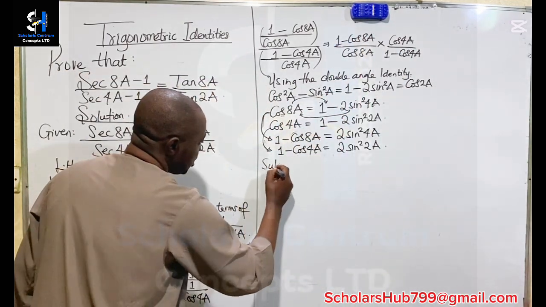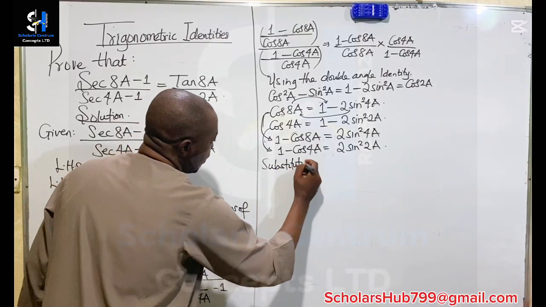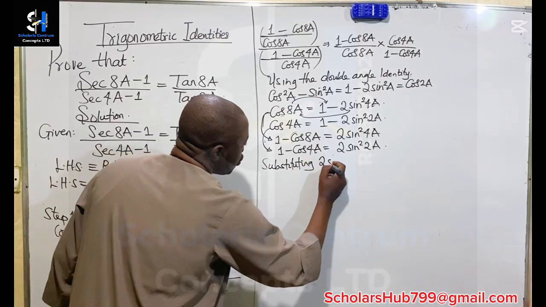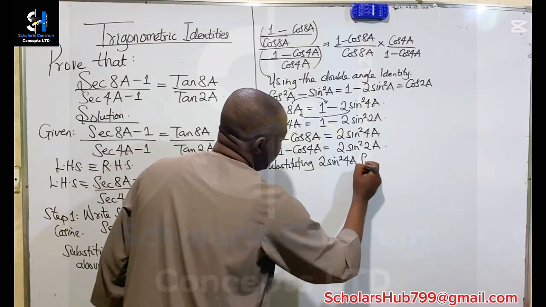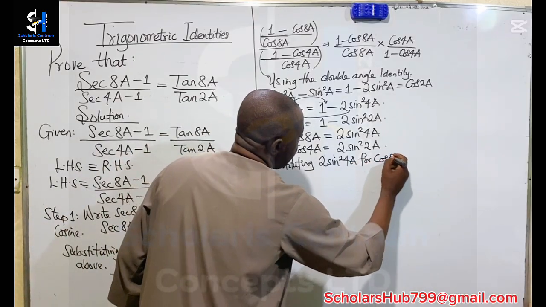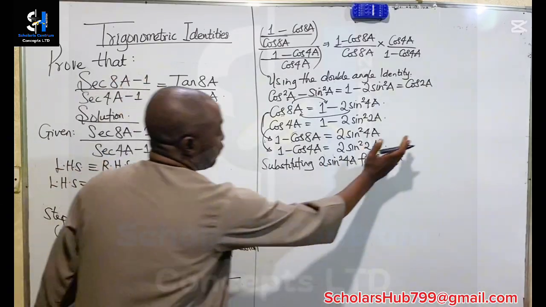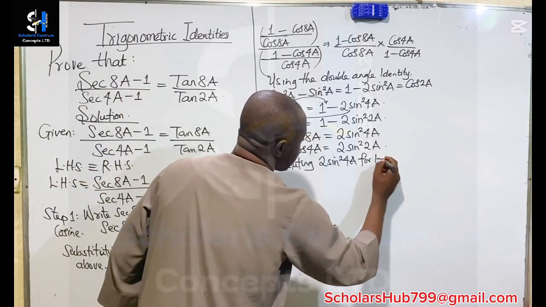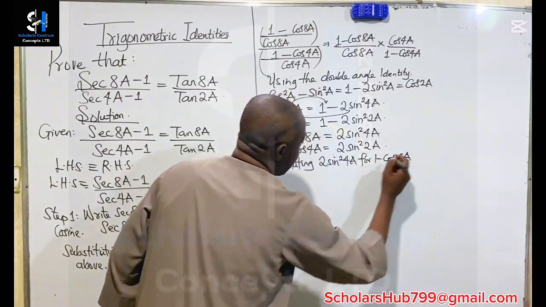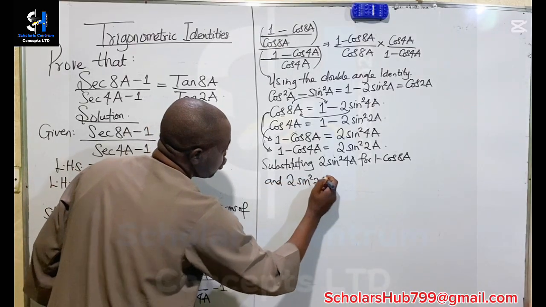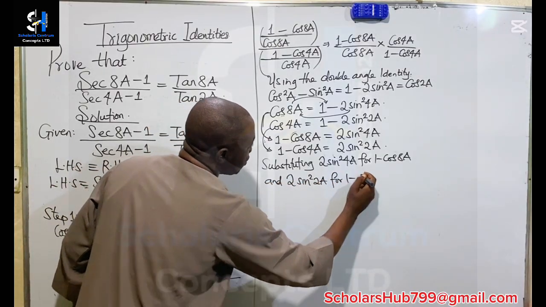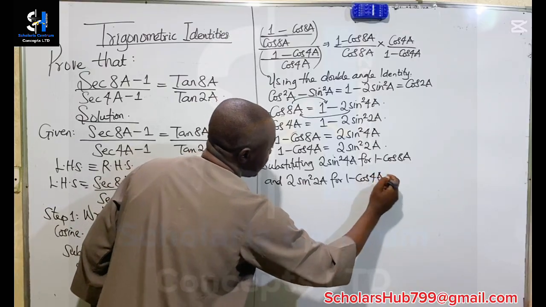Now substituting 2 sine square 4a for 1 minus cos 8a, and 2 sine square 2a for 1 minus cos 4a.